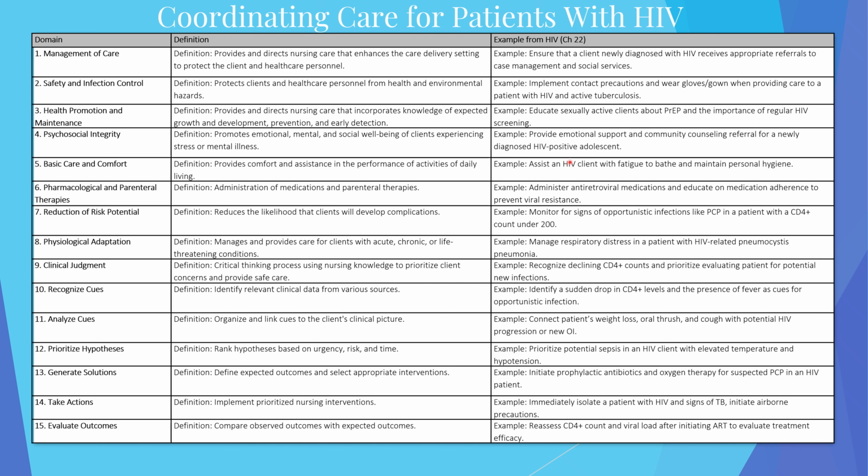So here in the outline I was talking a lot about medication, complication and prevention, and I also mentioned a few side effects. Reduction of risk potential: monitor for signs of opportunistic infection like PCP in a patient with a CD4 plus count under 200.